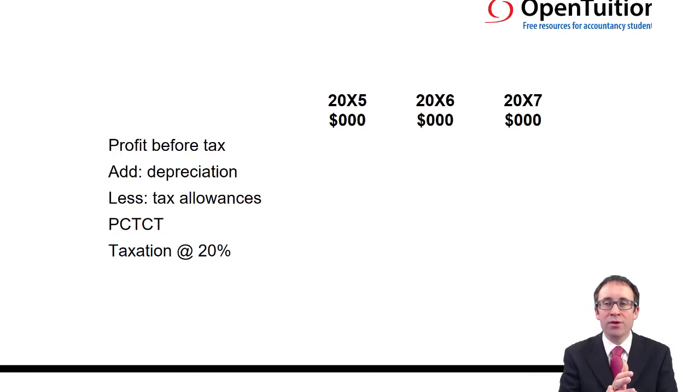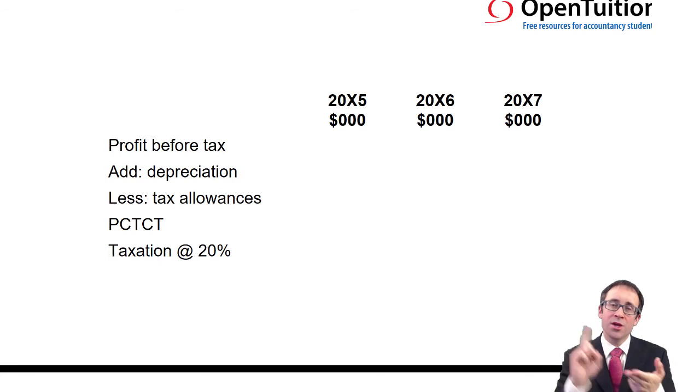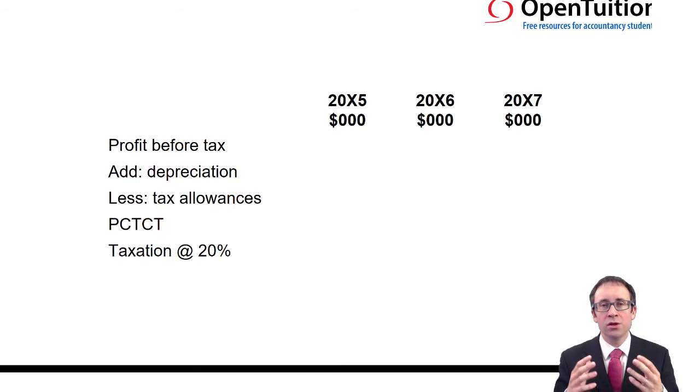So they add back the depreciation to get back to a profit figure before depreciation was charged, so that they can then deduct their tax depreciation, or tax allowance, as we say there. So you take PBT, you add the depreciation, you deduct the tax allowance, which gives you PCTCT, your profits chargeable to corporation tax.